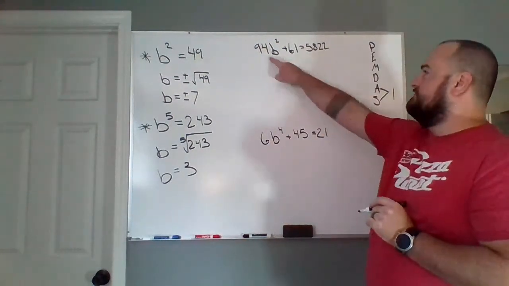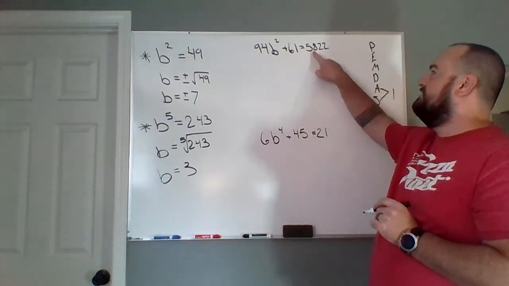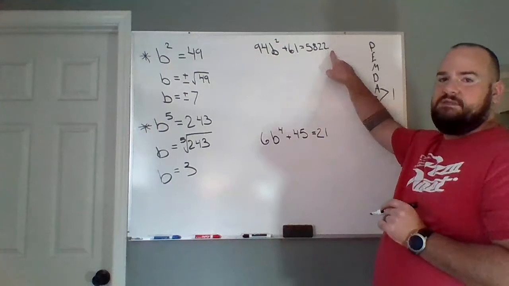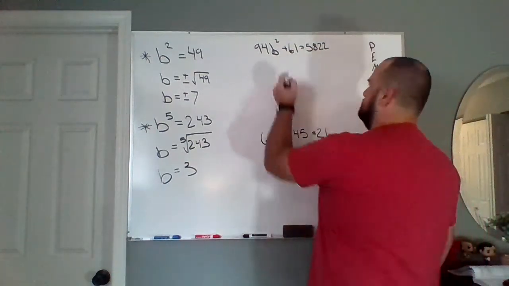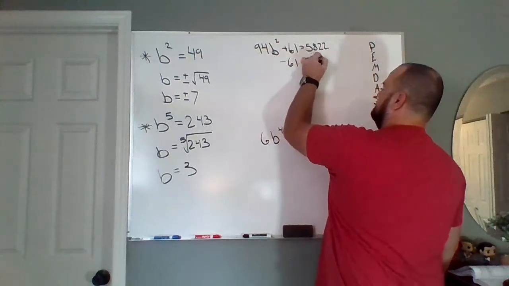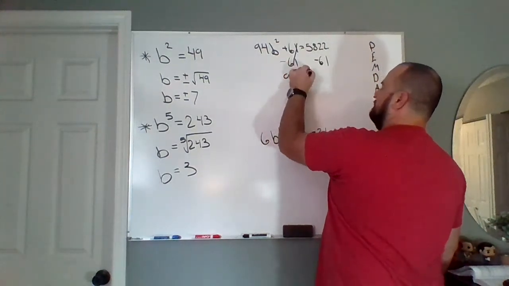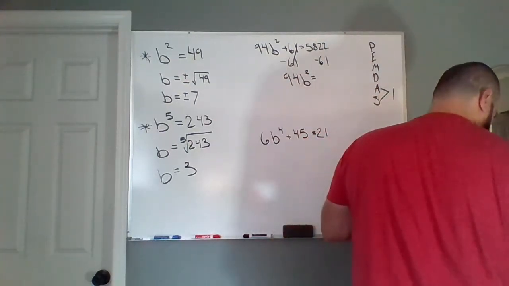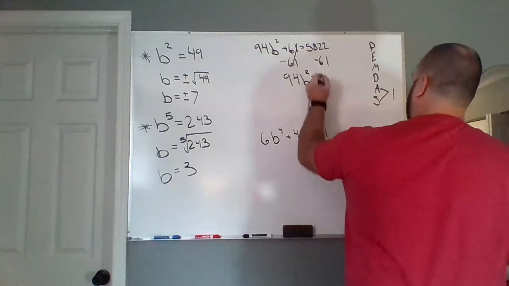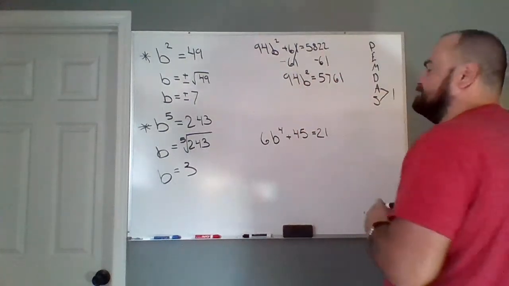So here I have 94 times b squared plus 61 equals 5,822. So I need to get rid of the addition here. To do that, we simply subtract 61 from both sides. We get 5,761.